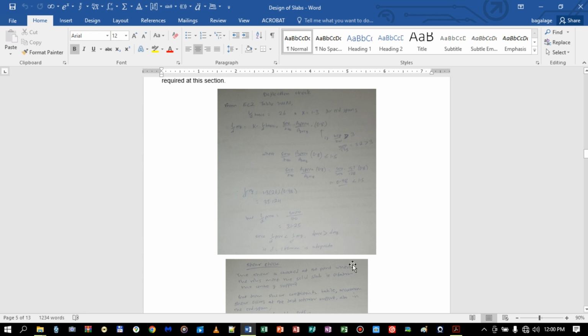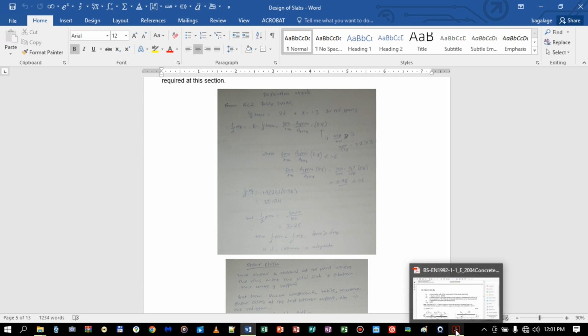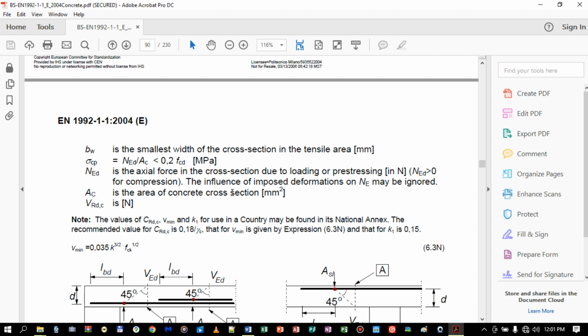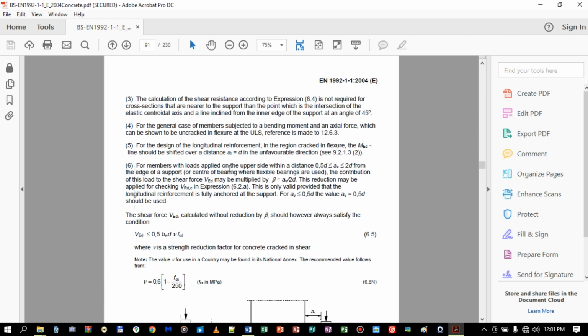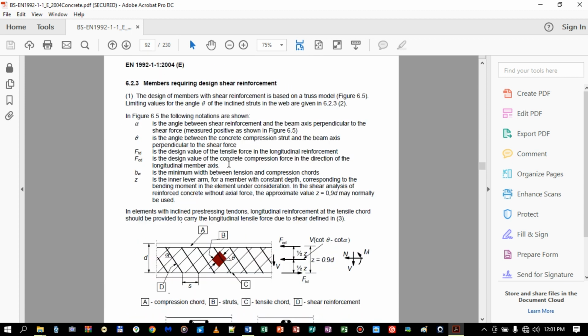That is section 7, Eurocode 2, section 7, whereby we shall base our calculations, and basically we shall use table 7.4 to start our deflection calculations. This is our Eurocode 2.